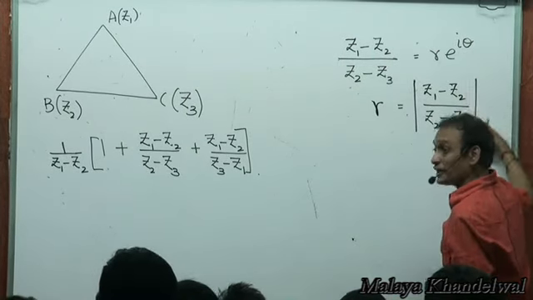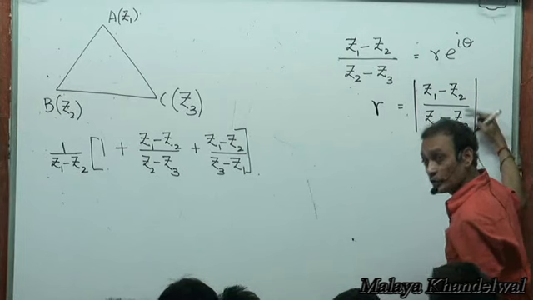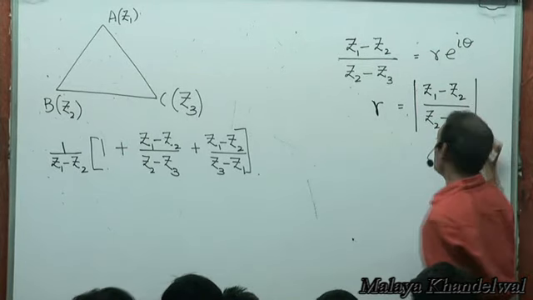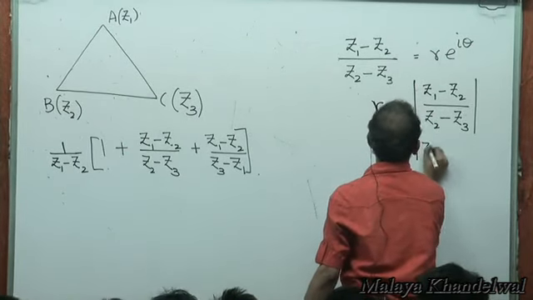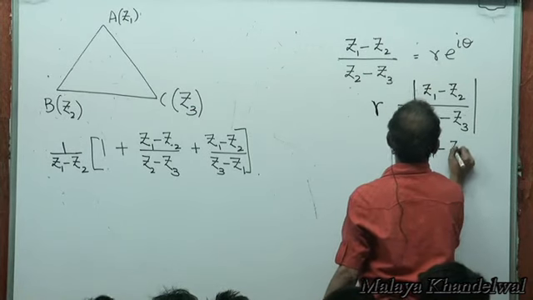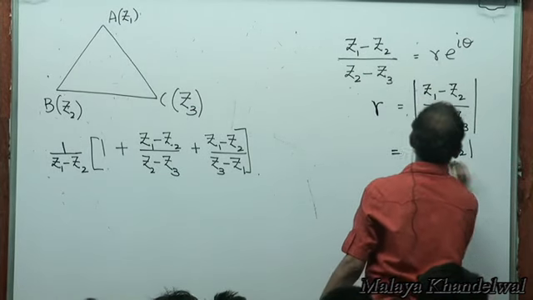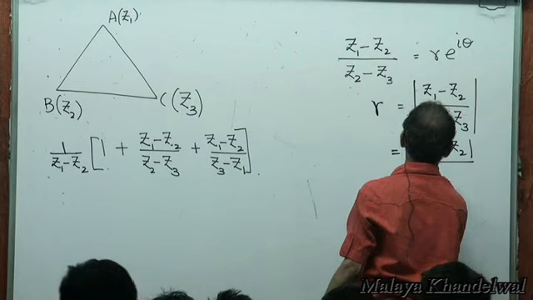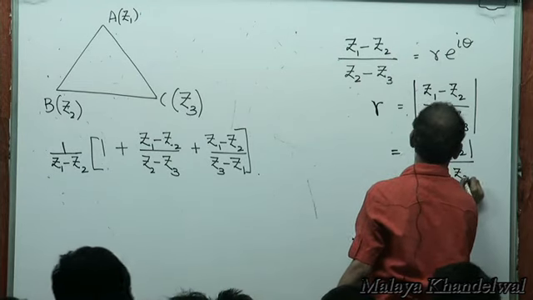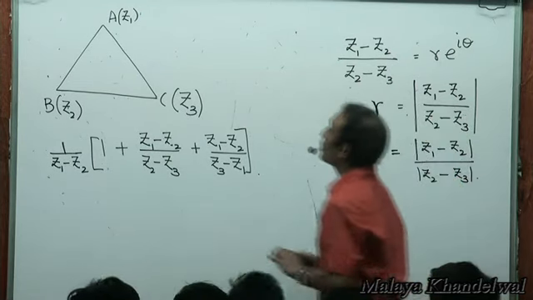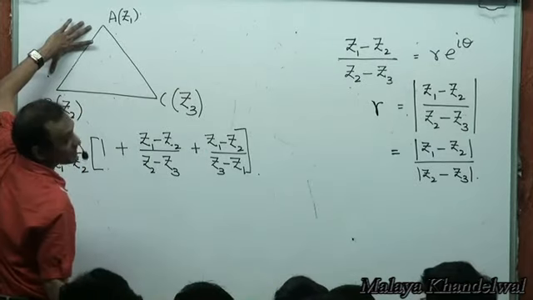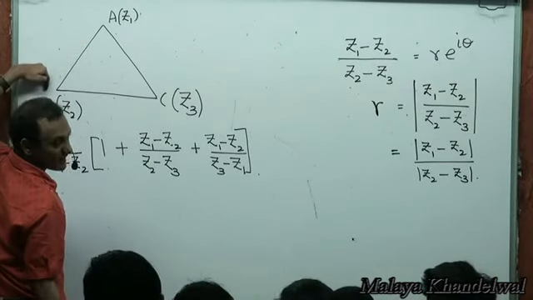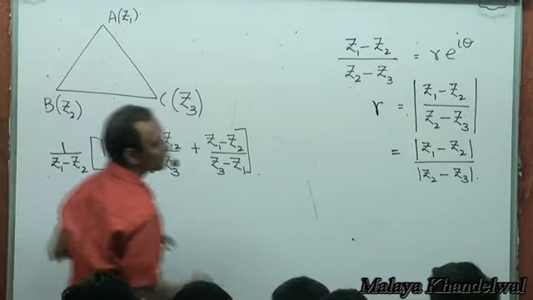Modulus of the ratio would be ratio of the moduli. So this is mod of z1 minus z2 divided by mod of z2 minus z3. Now, mod of z1 minus z2 is the distance between z1 and z2, which is the side AB.